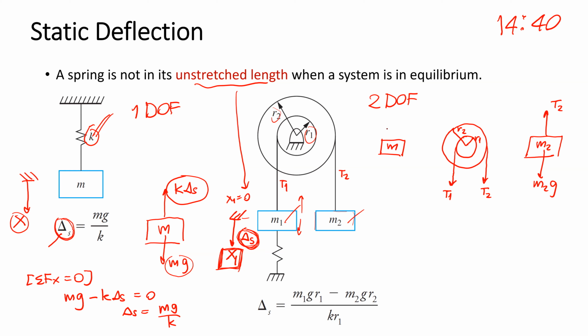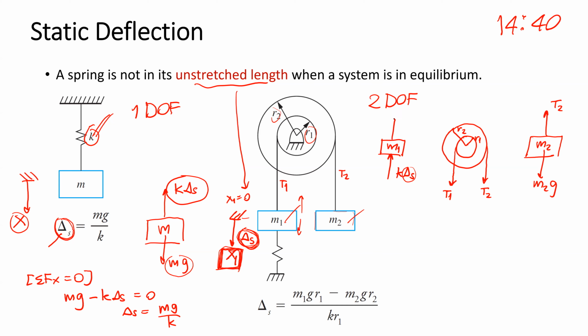the direction of the force from the spring. The direction of the force from the spring needs to correspond to what you assume. If you assume delta s to be in the positive direction of x1, downward, the spring force with this static displacement and stiffness k needs to point upward.